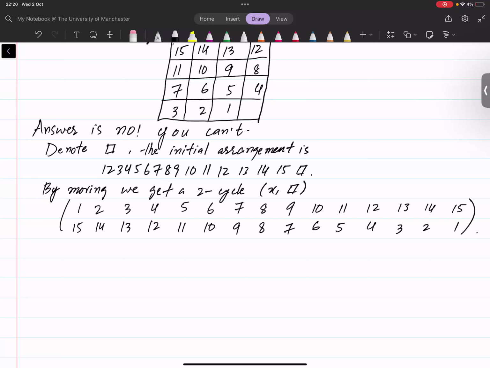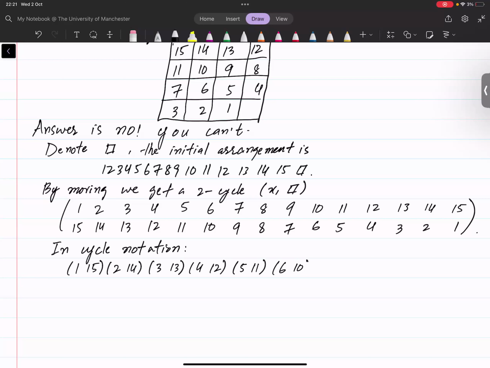This is the permutation we are talking about, right? Now, in cycle notation, this is 1 to 15, 2 to 14, 3 to 13, 4 to 12, 5 to 11, 6 to 10, 7 to 9, and 8 is fixed. But this is a product of 7 two cycles.